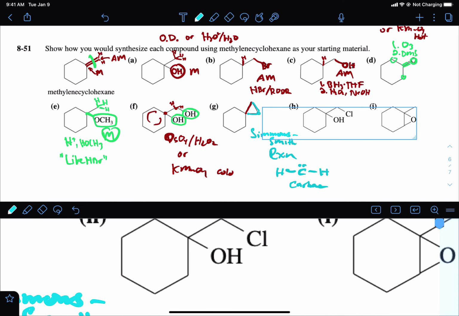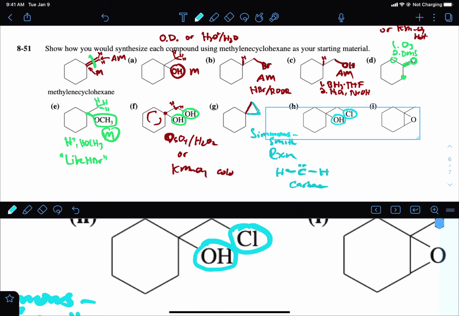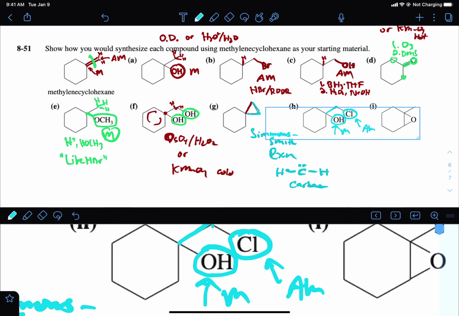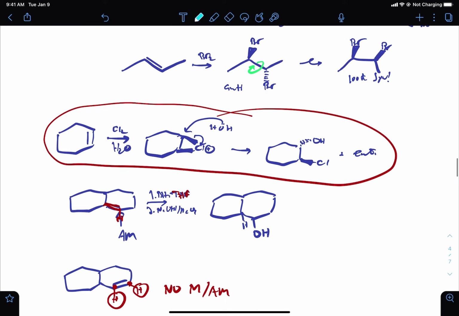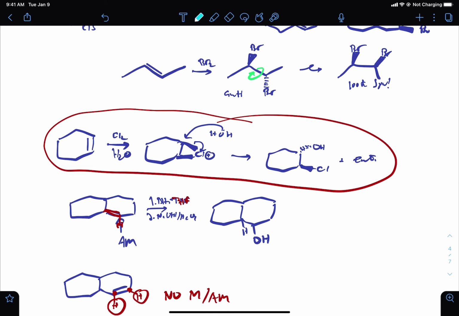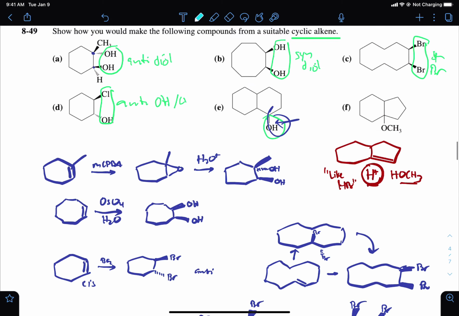All right. The next one, we're adding an OH and a Cl across the double bond. Specifically, we add the OH to the Markovnikov position, and we add the chlorine to the anti-Markovnikov position. That was exactly what this halohydrin reaction did. Right here, this was halohydrin, Cl2 and H2O. Here they're adding anti. They always add anti.